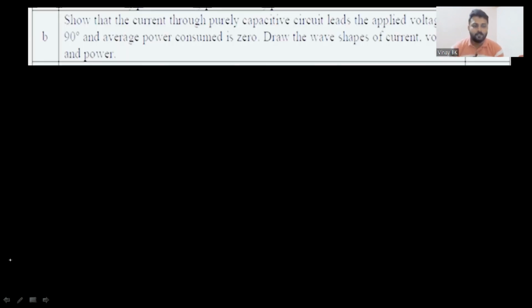So you should check the waveforms. They asked you to derive AC through pure capacitance. For AC through pure capacitance, consider a solution I am writing.